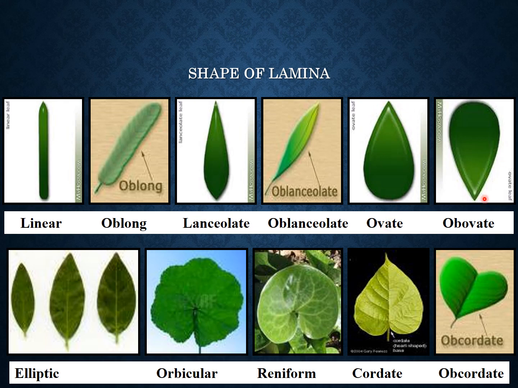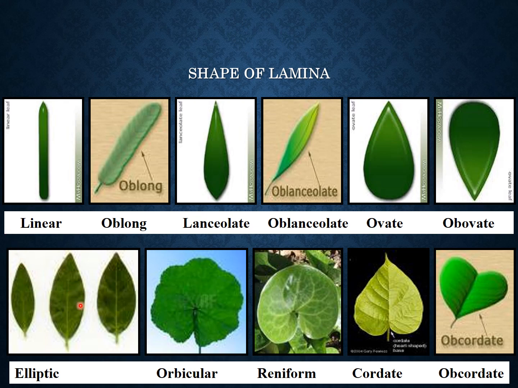And obovate means length less than twice the breadth like ovate, but the broadest portion lying above the middle of the lamina. So it is the opposite case of ovate. Elliptic: length more than twice the breadth, narrow elliptic, or less than twice the breadth, and the broadest portion lying in the middle of the lamina.